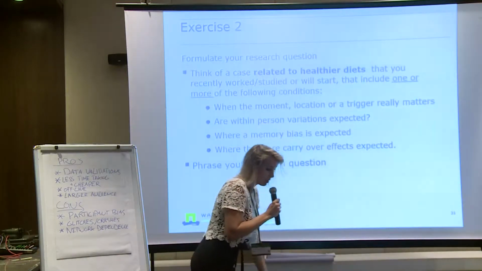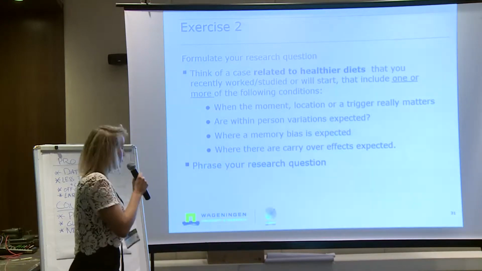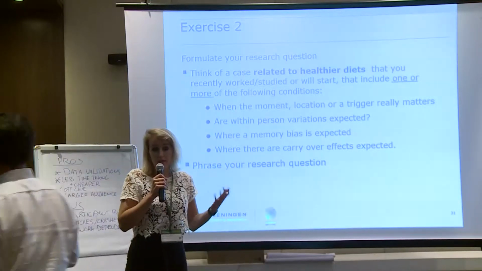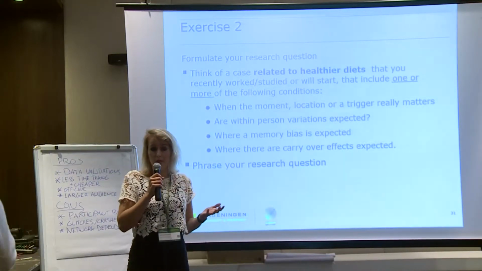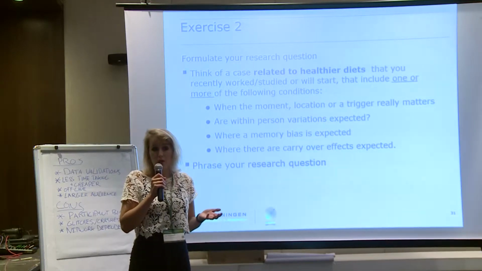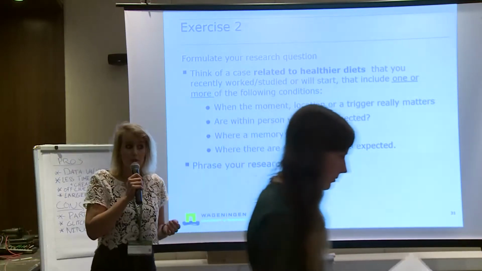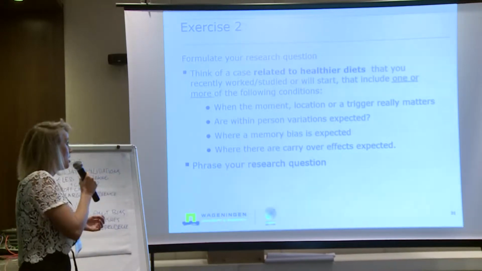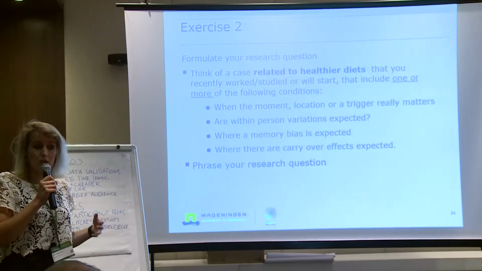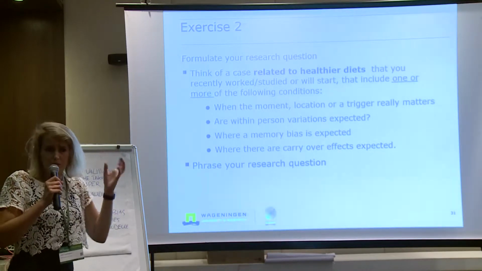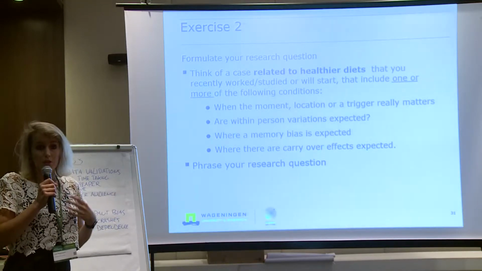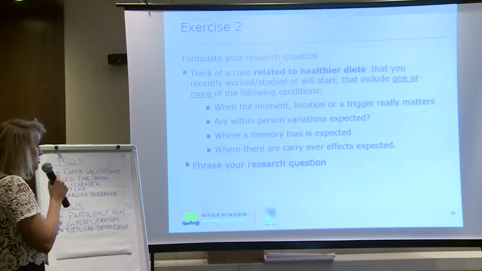So then we're moving to the next exercise, and in that exercise you have to formulate your own research question that you want to answer with a smartphone application. So what you have to take into account is that you think about a case that is related to healthier diets, or if you have another example that's more related to your own expertise or your own project, that's also fine to use.